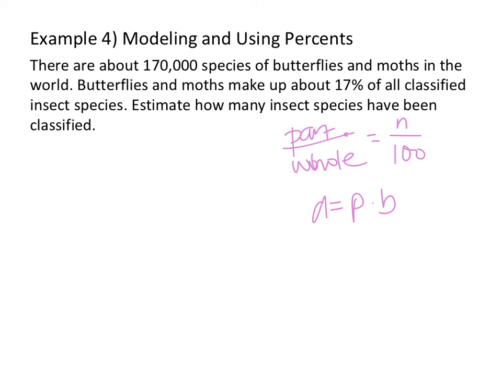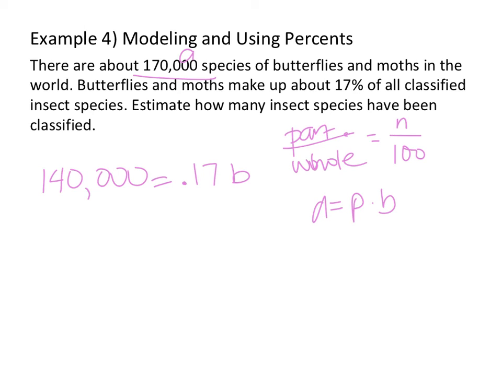So that's going to be my unknown. I'm looking for B. 170,000 will be my A, right? That's the number I'm comparing it to. So 170,000 is equal to, my percent is 17. The decimal form of that is 0.17 times my unknown base.